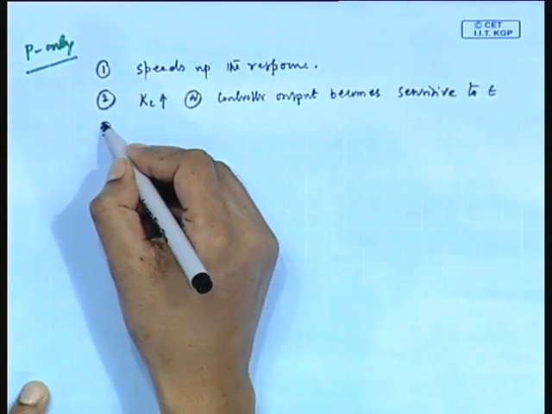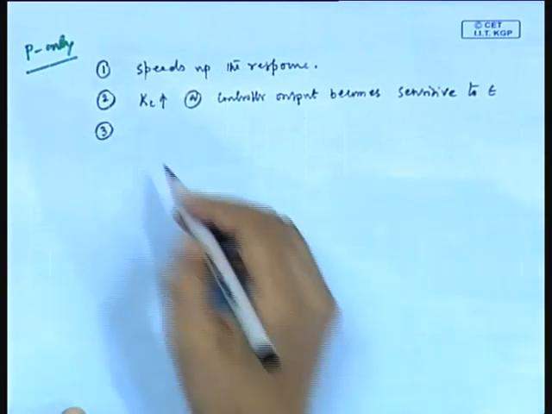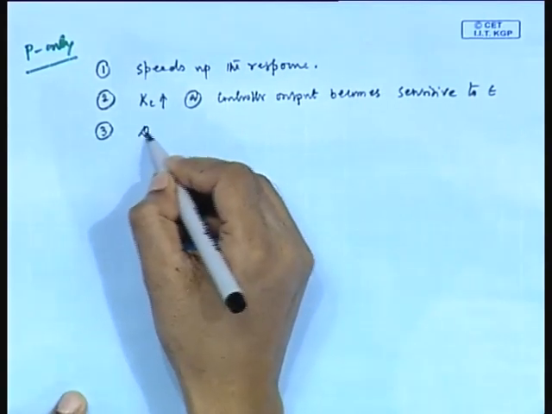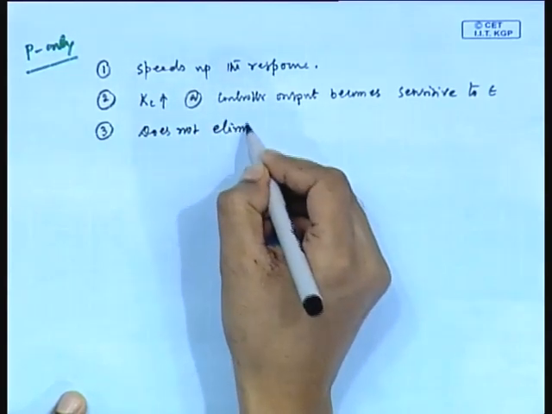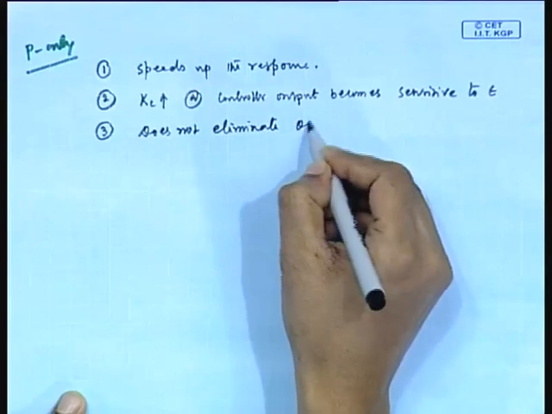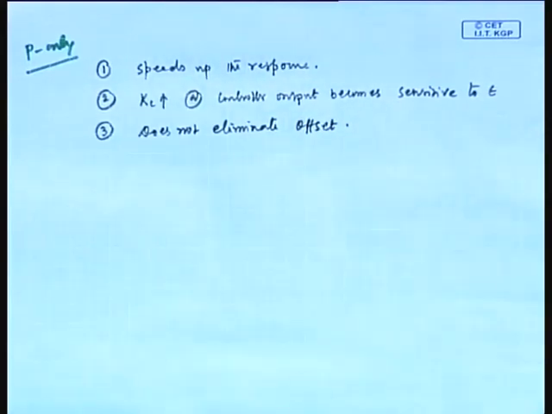This is the second conclusion on P-only controller. Third one is it cannot eliminate offset. It does not eliminate offset. These are the three important points related to P-only controller.